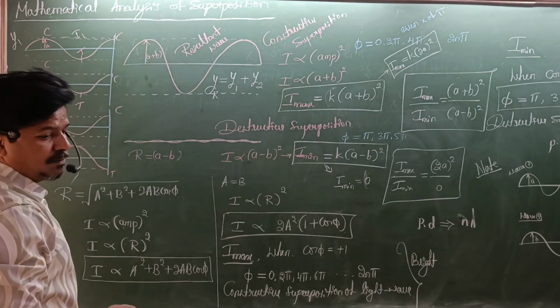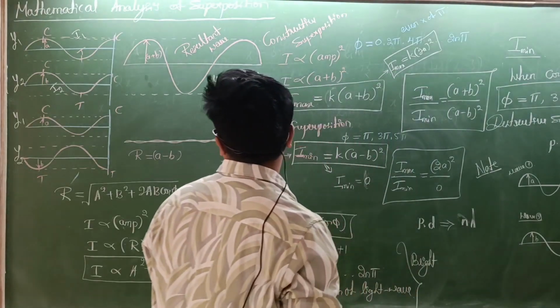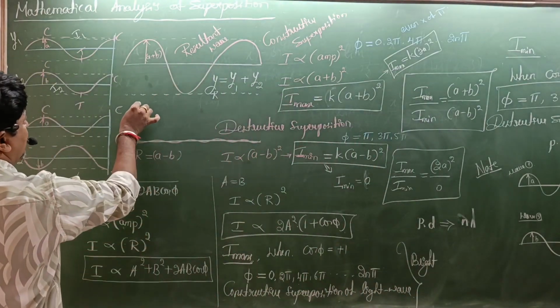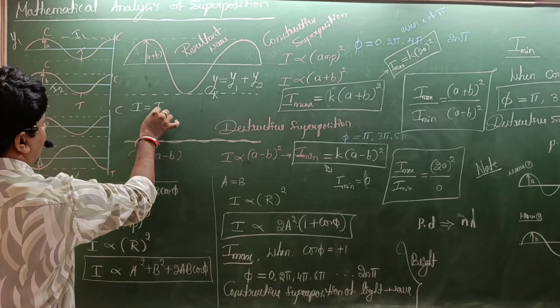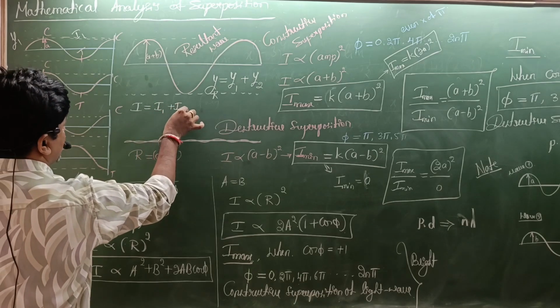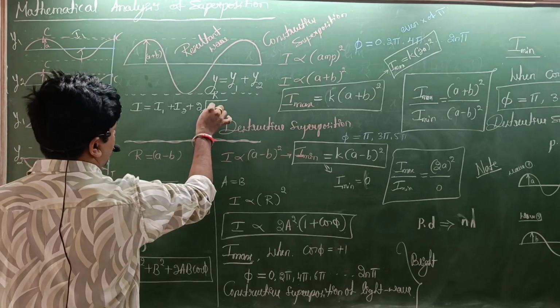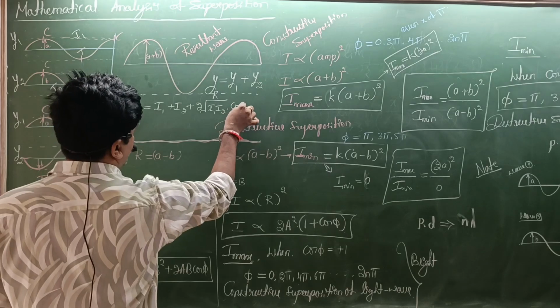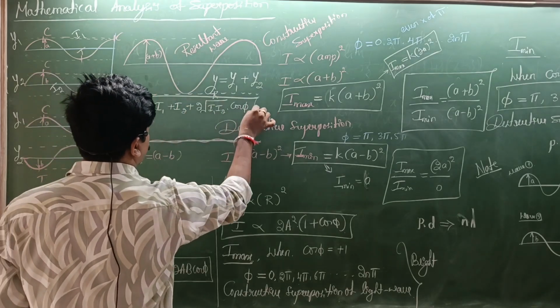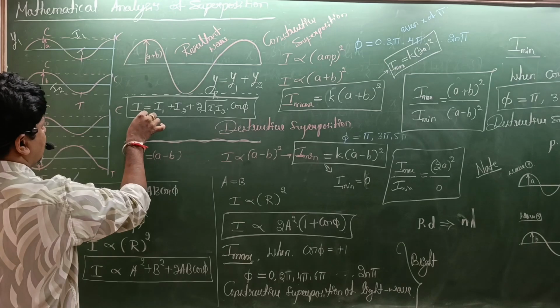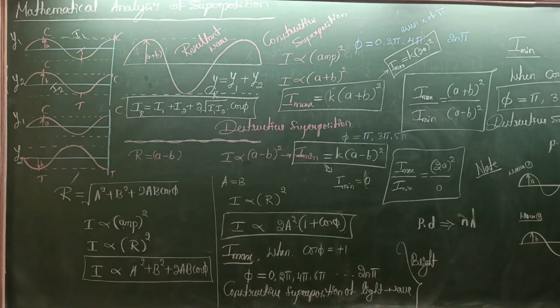The intensity of the resultant wave I is equal to I1 plus I2 plus 2 root of I1 I2 into cos φ. This is the intensity of the resultant.